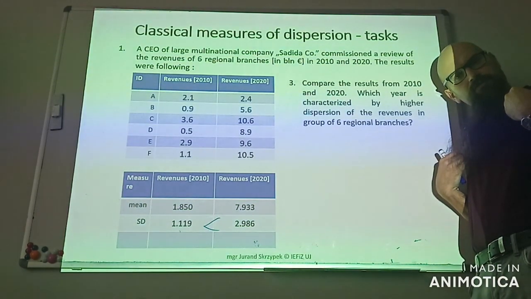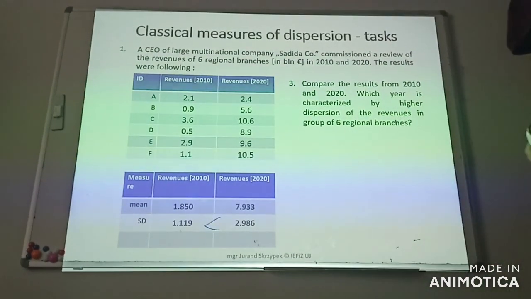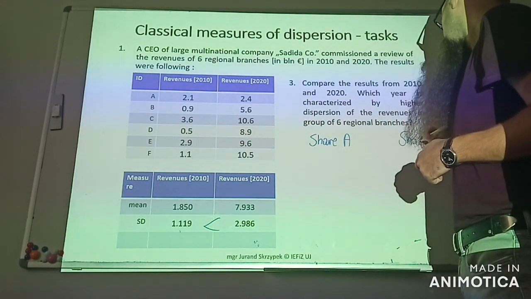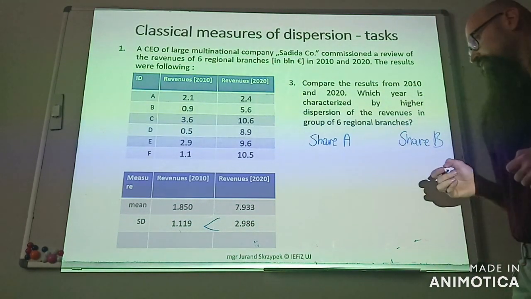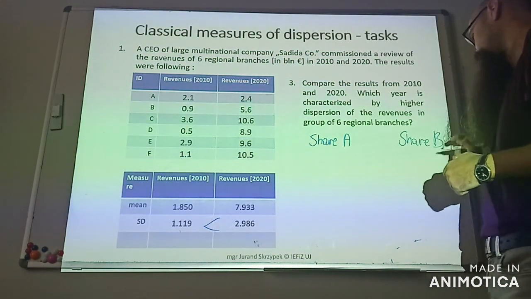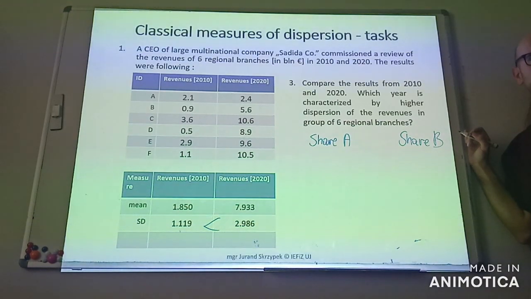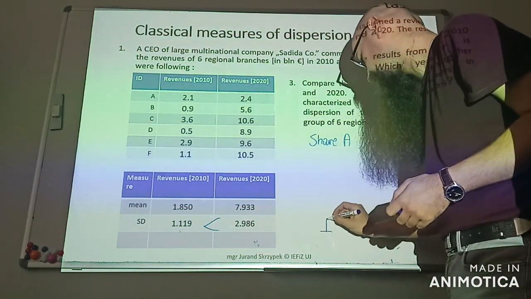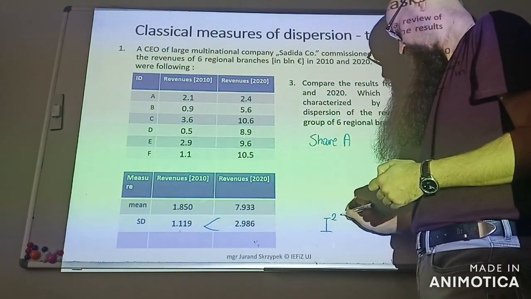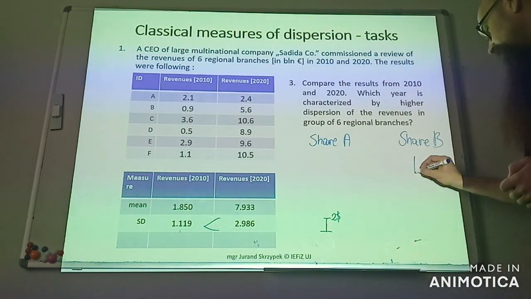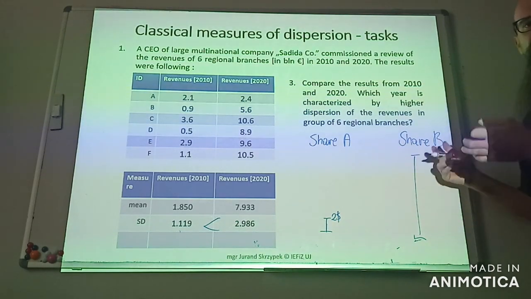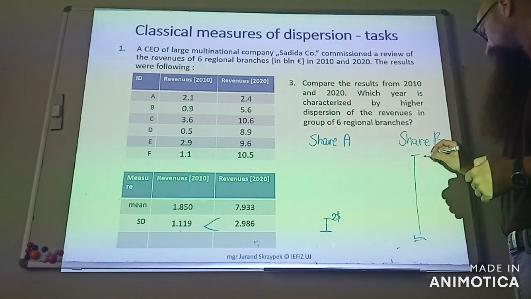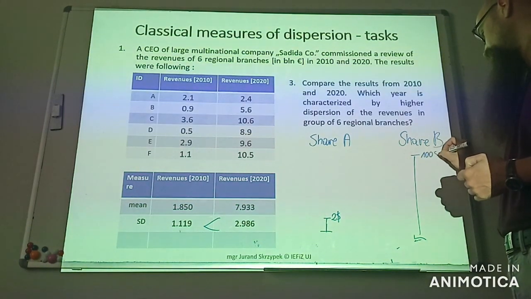I'm an investor and I invest my money in two shares, share A and share B. Of course, share A and share B are listed in the capital stock market, and I know that share A is characterized by the average price at the level of $2, and I also know that, based on historical data, the average price of share B is established at the level of $100.